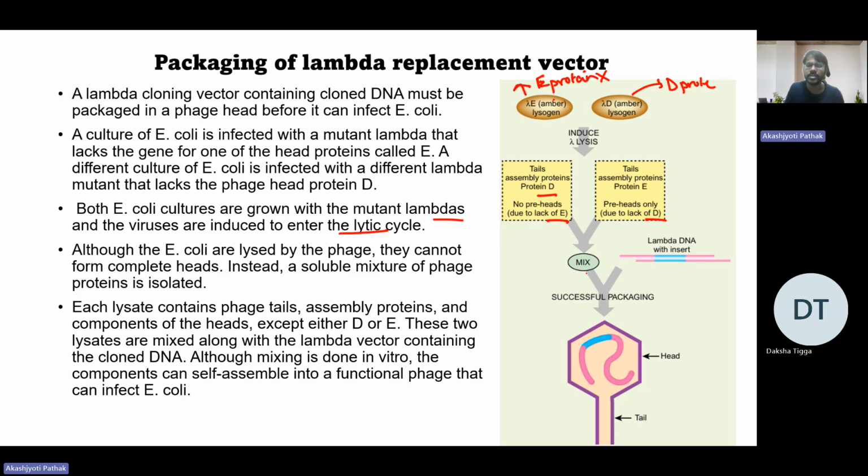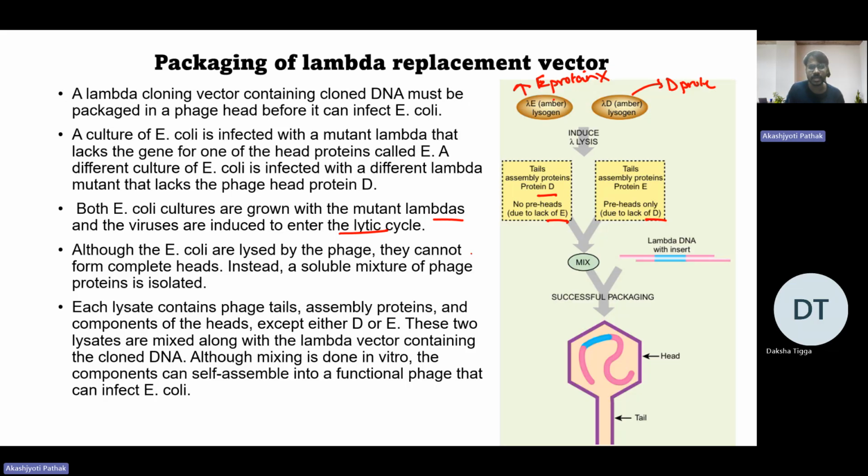It will have both protein D and protein E now, and it can create this head, and the DNA can be inserted inside the head region of the lambda phage.